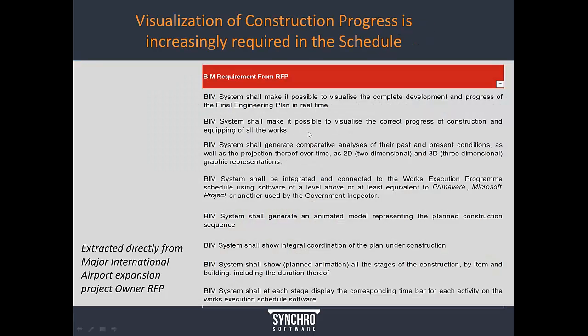Another thing we're seeing is an increased level of awareness in owners' requirements on projects, not only in the area of BIM per se, but in more specific detail regarding construction planning and construction reporting from the BIM model. The slide that I'm showing right here is taken from an actual RFP from an owner on a major airport project, and while it mentions what they call the BIM system in every line, it does not mention, say, 4D specifically, but if you look at some of these requirements, they're quite detailed and quite focused on the visualization capacity of the schedule.